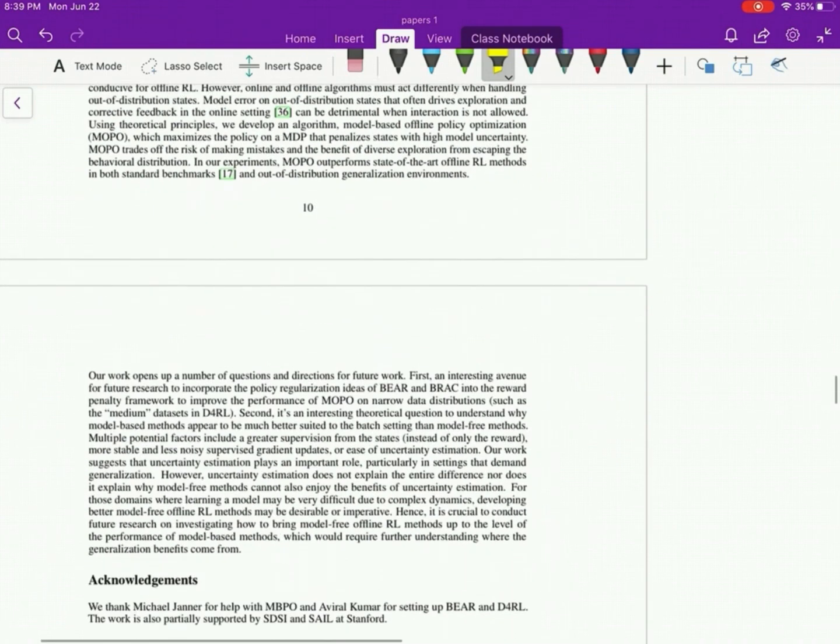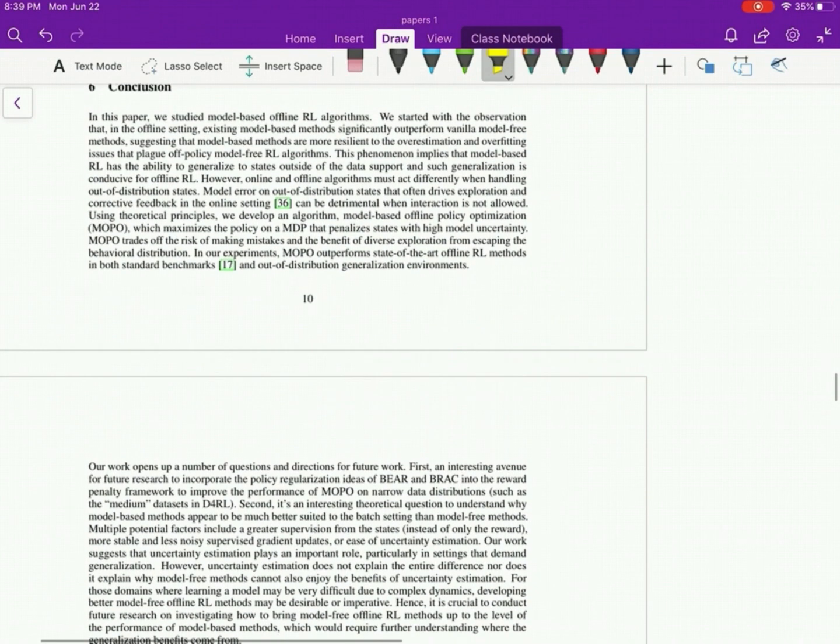So now moving on to the last section. Let's see. Existing model-based algorithms outperform the vanilla model-free ones. This phenomenon implies model-based RL has the ability to generalize. Okay, correct. However, online and offline algorithms must act differently when handling out of distribution.